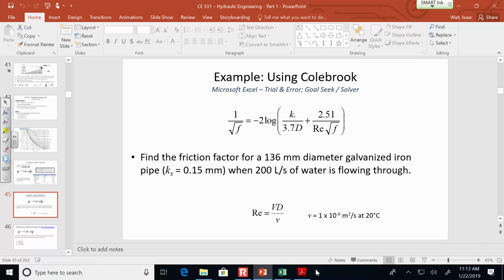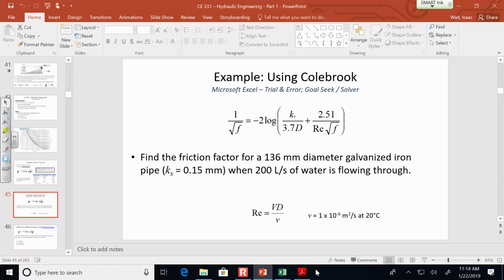So that is 0.15 millimeters divided by 3.7 times the diameter, and we have to have the diameter expressed in terms of millimeters, so 136 millimeters, plus 2.51 divided by the Reynolds number, so that is 1,872,413 times the square root of our guess. We're just checking to see, is it this guess value of 0.02. So the square root of 0.02.